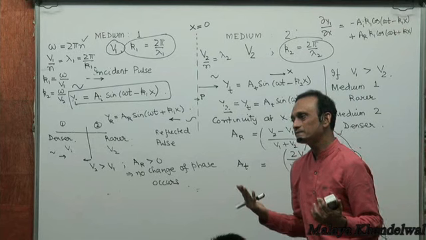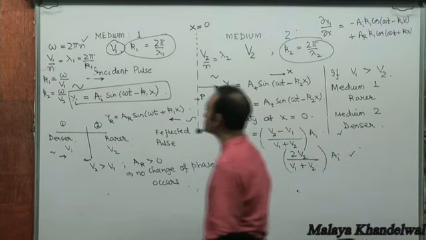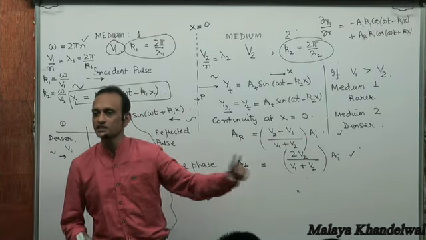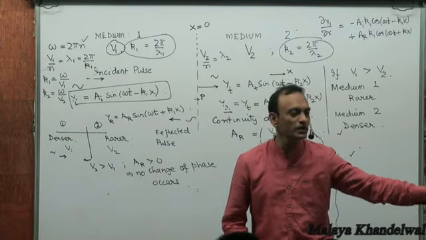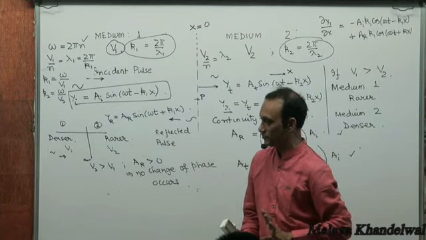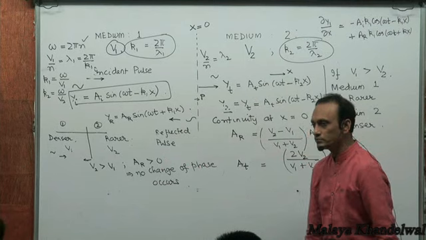You know what I'm saying? So, inversion occurs only if the traversal is from rarer to a denser medium. If reflection occurs from a rarer to a denser medium, then there would be inversion, or flipping, of the pulse. Clear? Sounds good?